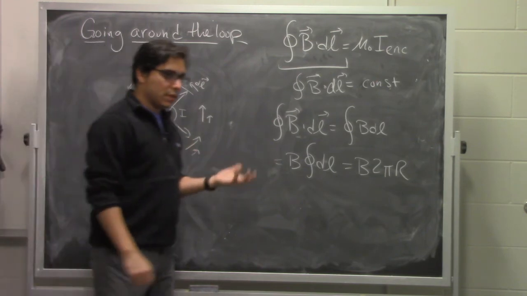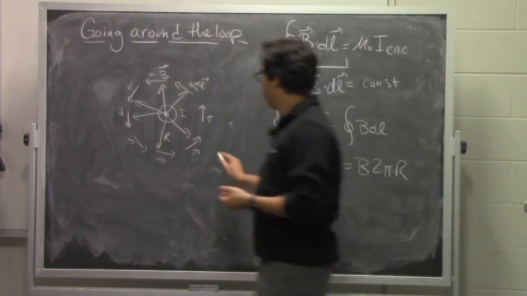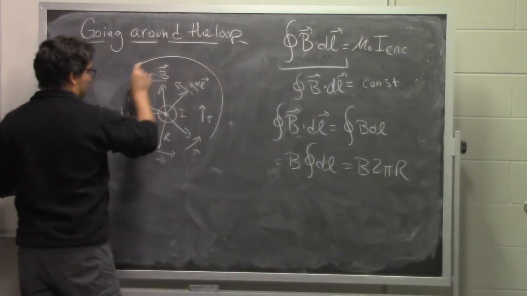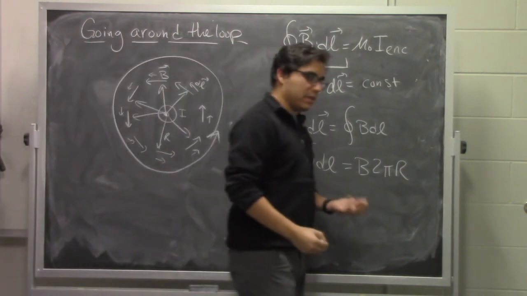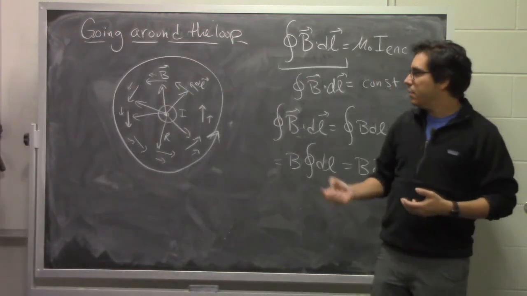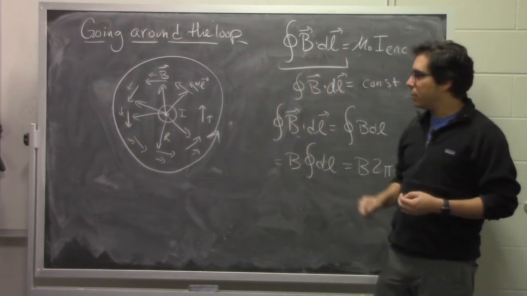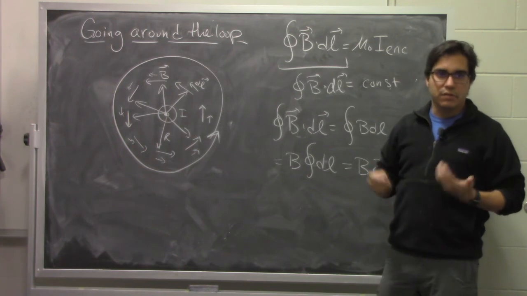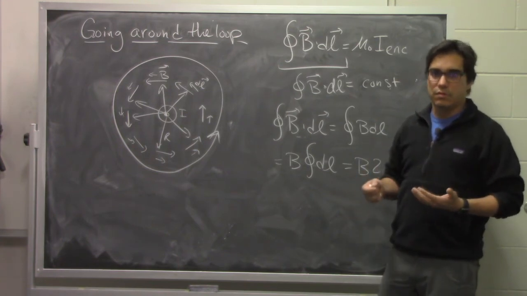Now, this is only the case for this particular choice of loop. We chose an Amperian loop that followed the direction of the magnetic field, which here points around the current. In other situations, the magnetic field doesn't necessarily point this way.